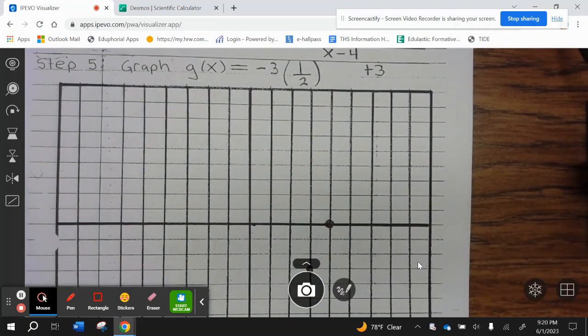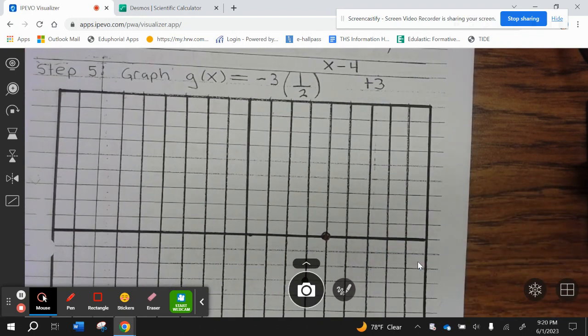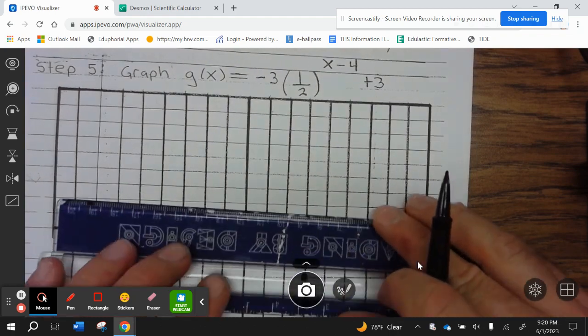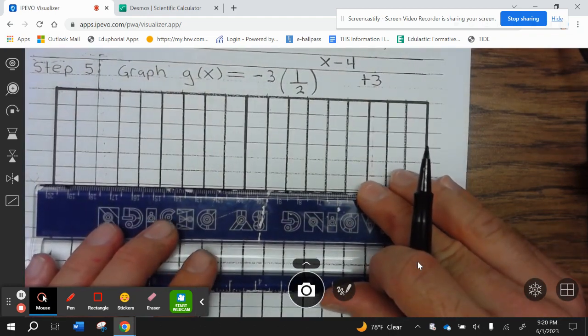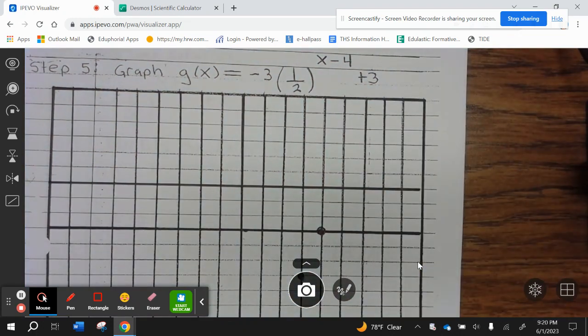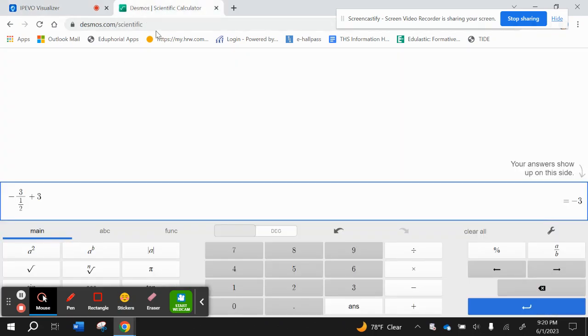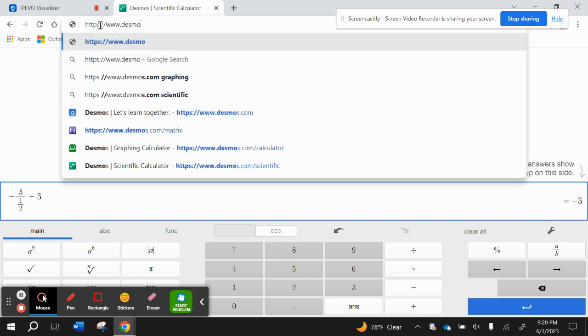Now let's go ahead and graph our asymptote, which is this number right here, 3. Okay, and let's use Desmos just to get a feel for what the graph is going to look like.